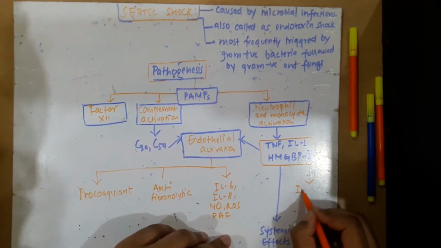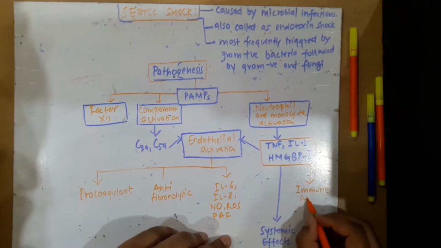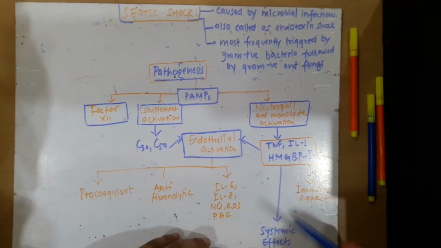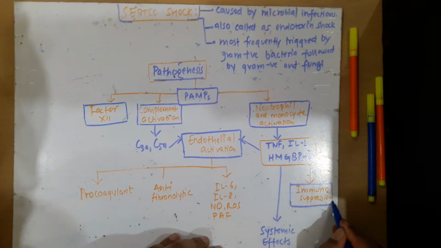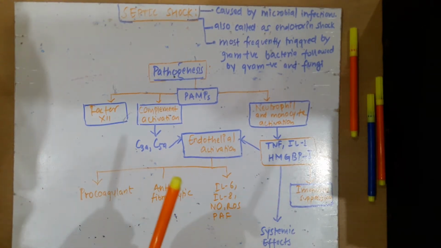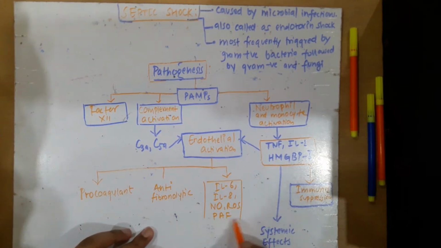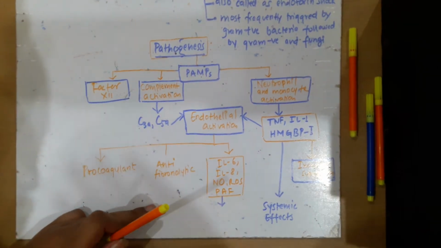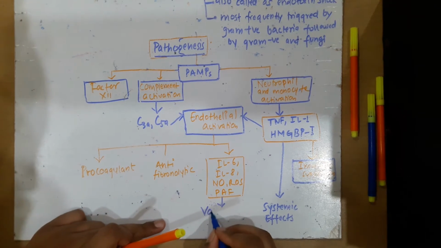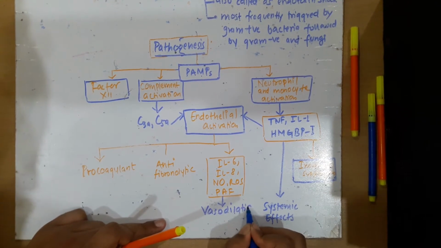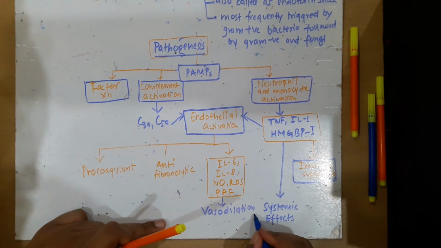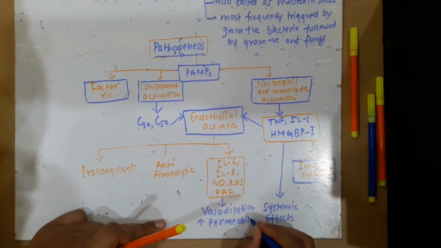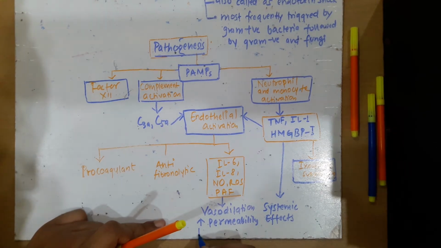Then there is immunosuppression. These factors are causing vasodilation, increased permeability, decreased perfusion.